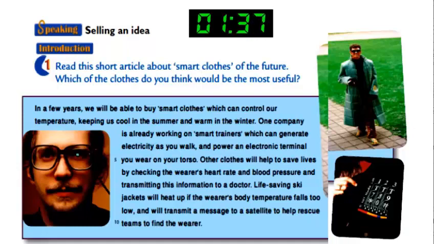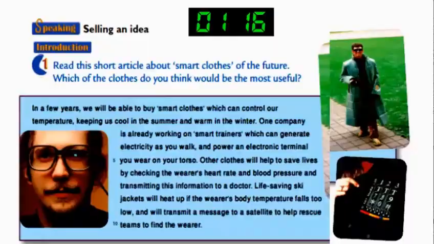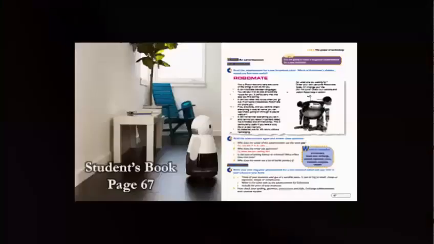Some people sometimes get sick or have some health problems and nobody knows about them. But if we have some kind of clothes which can transmit information to rescue teams to find him and rescue him, it's very important, by the way. So this is an answer to our question.